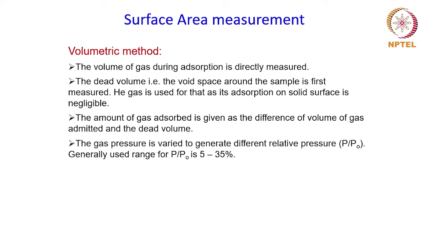And this is the volume which is used to actually calculate the adsorbed gas by the difference of this volume and the actual amount of gas which is being admitted into the sample chamber. And in order to measure this dead volume, helium gas is generally used because helium exhibits negligible adsorption on solid surfaces.